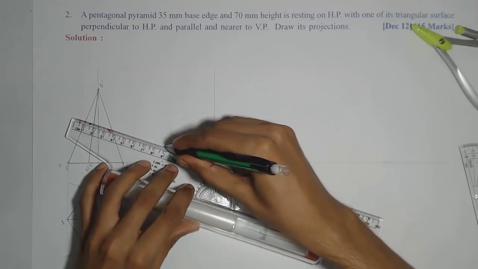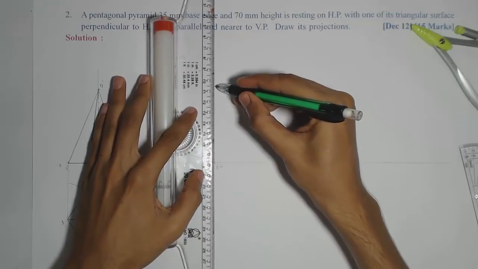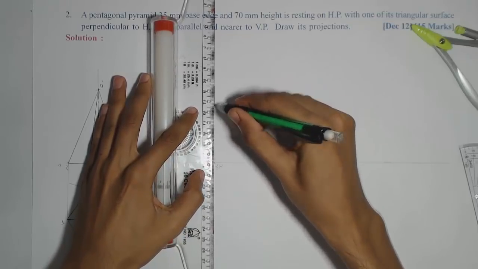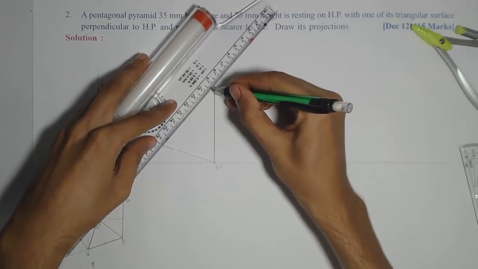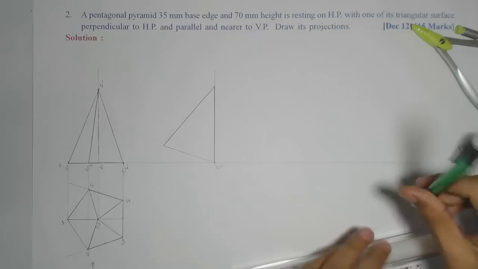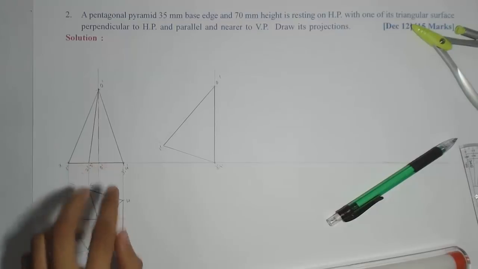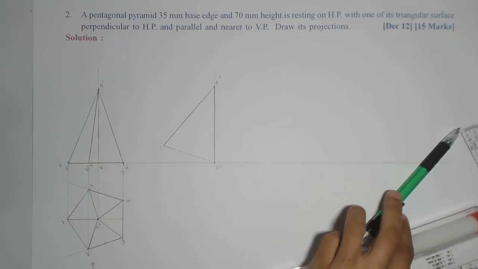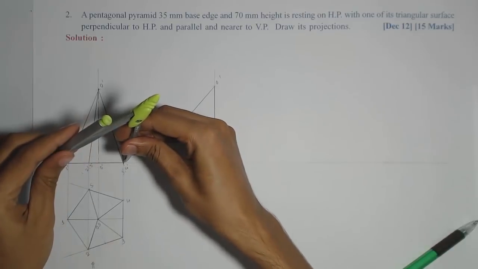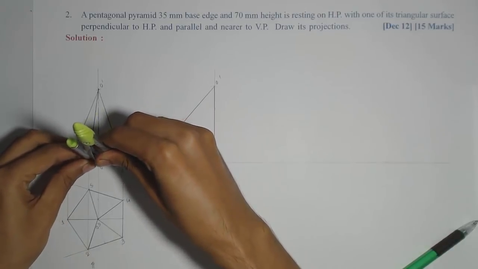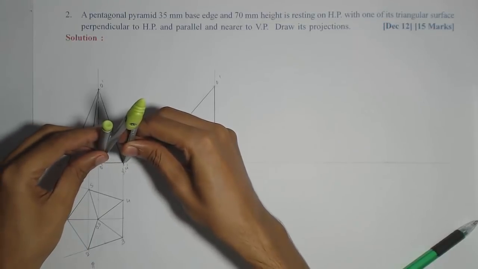Again the boundary will be dark, so I'll redraw that front view after making the triangular surface perpendicular to the HP. Now this end point is 1 dash, this is O dash. Now mark the remaining points on the base, which are O dash and then 2 dash and 5 dash.